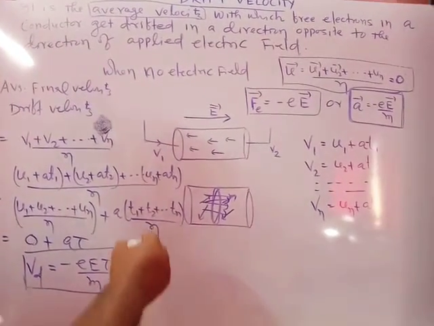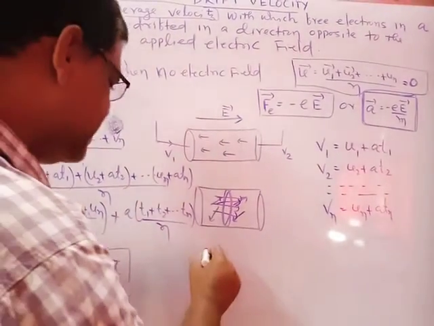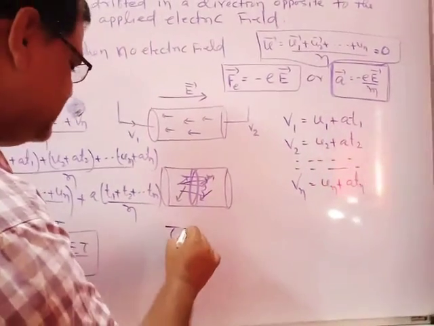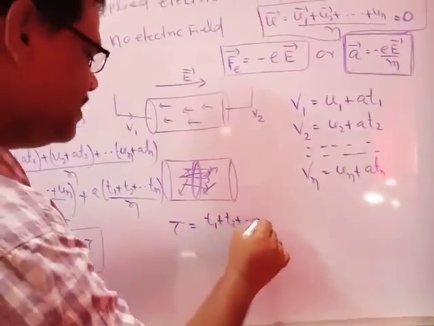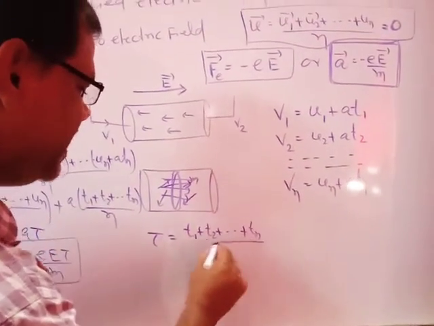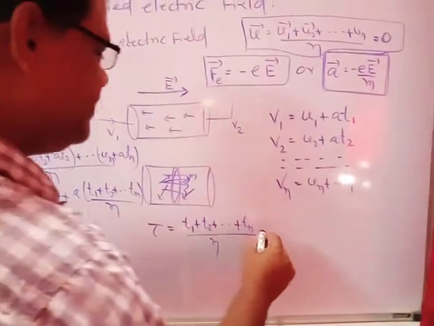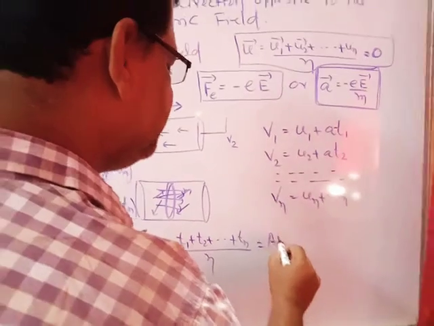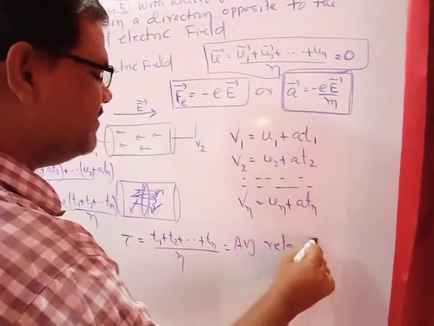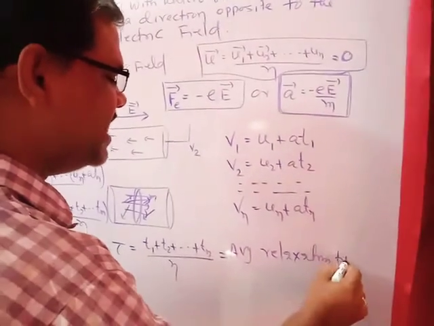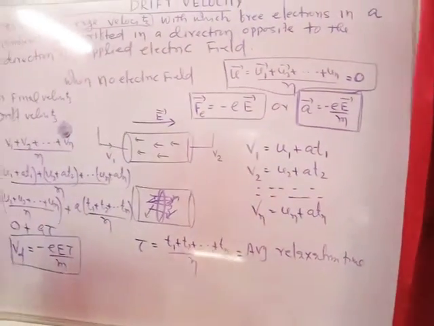And the average time, that is (t1 plus t2 plus up to tn) upon n, is called the average relaxation time. What is the average relaxation time?